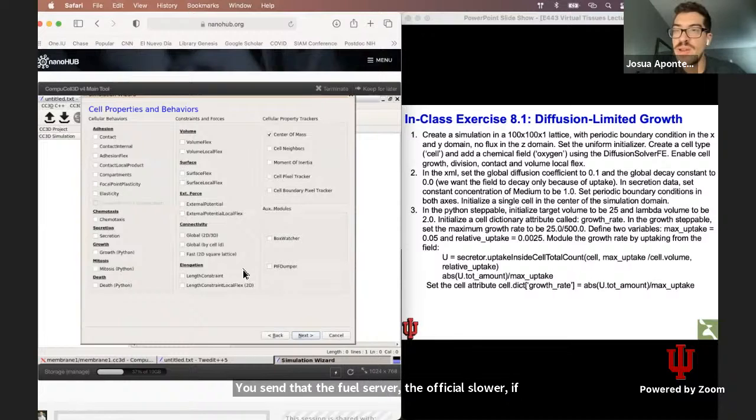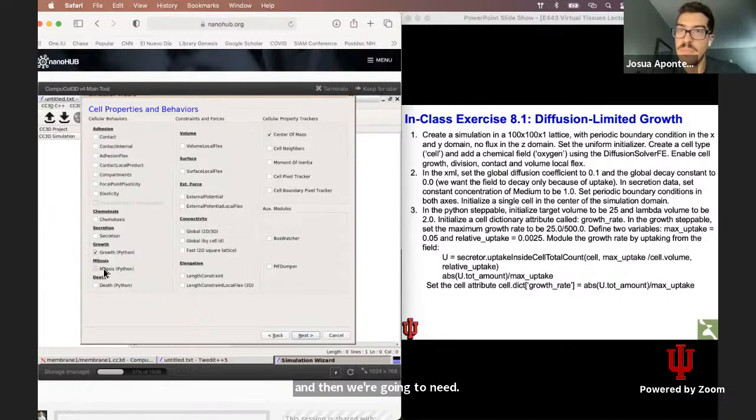And then we're going to need cell growth, cell division, contact, and volume local flex. And we need the secretion as well.